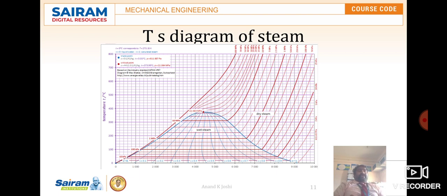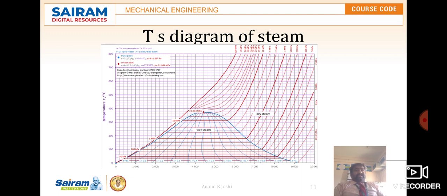Further, as we keep heating the substance, the water starts evaporating and receives heat energy, so entropy goes on increasing. You can see as temperature increases, entropy also increases.